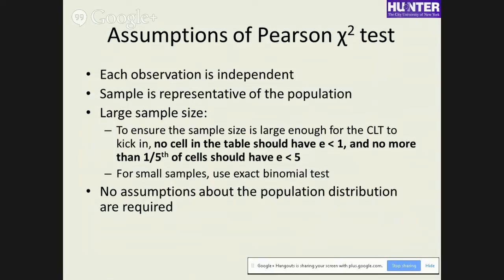If this is not the case, the p-value from chi-square test does not tend to be off by a lot. So if you have 10 to the minus 5, you're going to reject the null hypothesis no matter what. But for a marginal test, 0.04 or something, the p-value is not exact from the chi-square test.